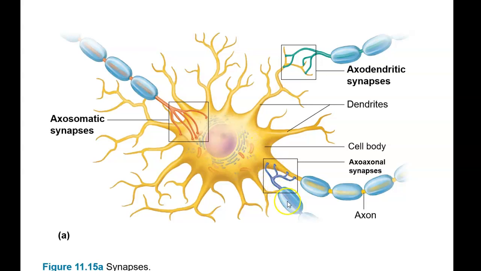So this is the one that's receiving it. The postsynaptic neurons are going to be the ones that receive the signal. If you're looking at these two, then this one's the postsynaptic neuron because it's receiving the signal coming from this one. This one is the presynaptic neuron because it's sending the signal. If you're looking at these two, this one's the presynaptic neuron because it's the one sending the signal, and this one would be the postsynaptic neuron because it's the one receiving the signal.